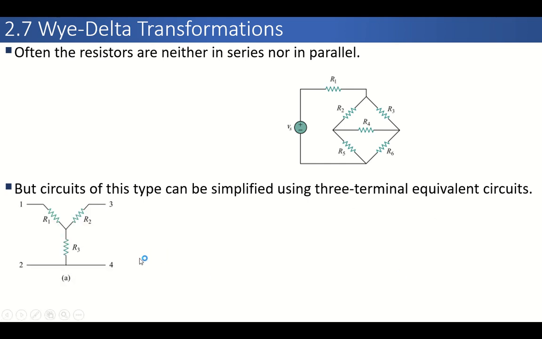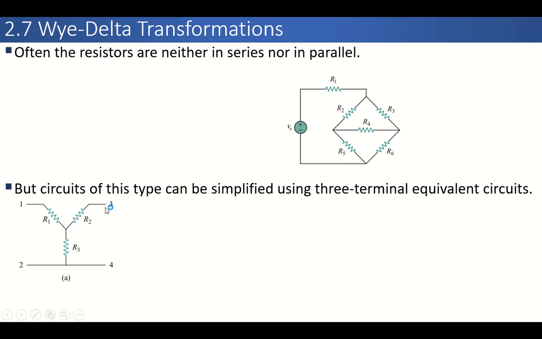Here we have this type of resistance network with terminals 1, 2, 3, and 4. Terminals 2 and 4 are, from an electrical point of view, the same terminal, so roughly we have three terminals. Resistance R1 is connected between point 1 and this neutral, or common, point.